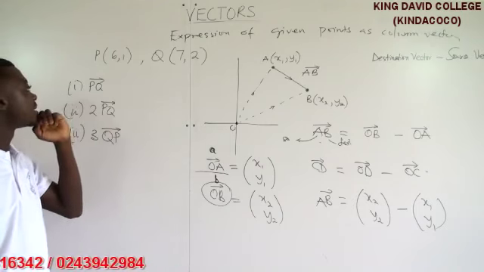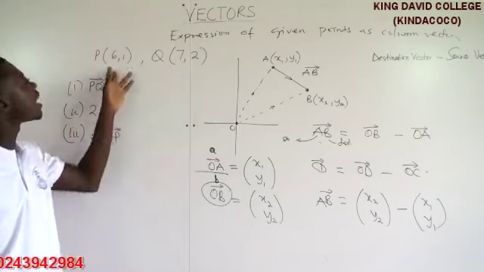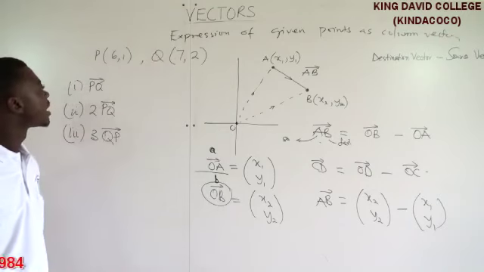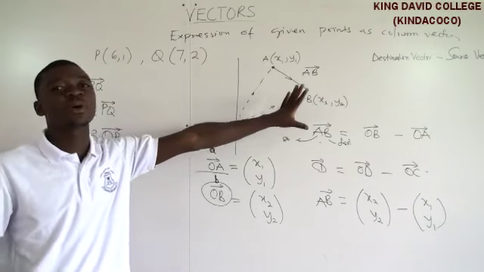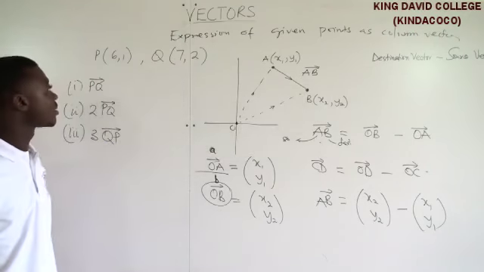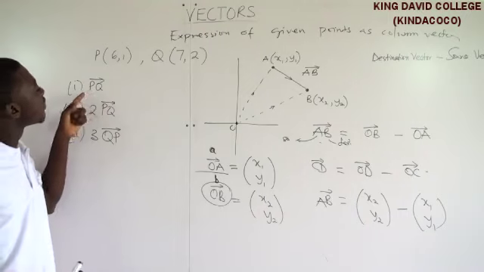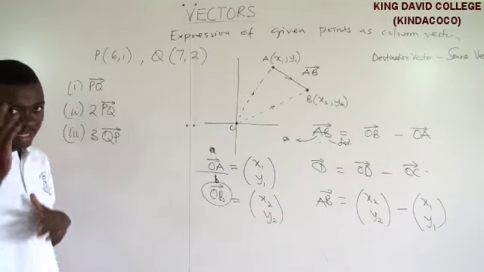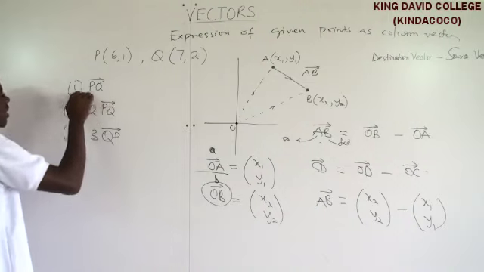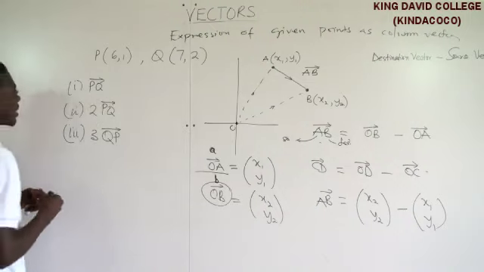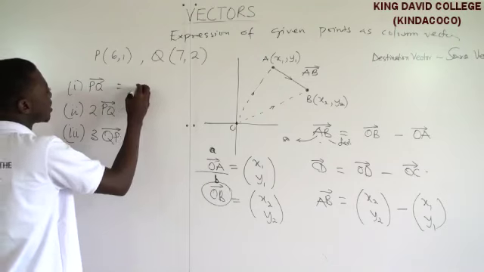Now let's proceed. If you have this and that, and then we ask to find PQ, you take inspiration from what we did here. We said for every vector, we have a destination and a source. So this one here is the destination, this is the source. So vector PQ here would have been what?